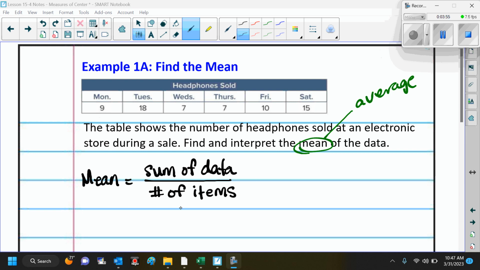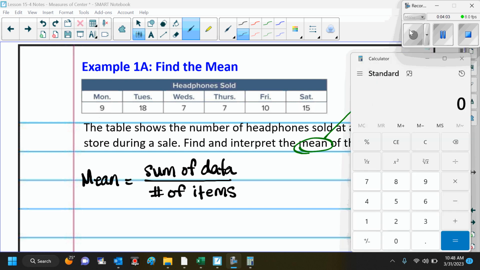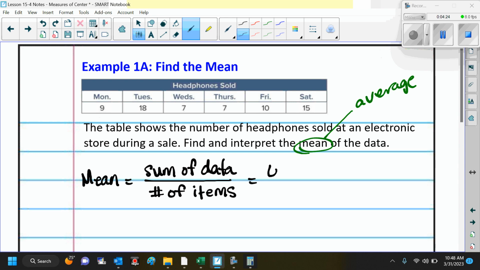So the first thing we want to do is add up all of this data. And yes, you are allowed to use your calculator. So we've got 9 plus 18 plus 2 7s, that's 14, plus 10 and 15, that's 25. So plus 25, and that gives us 66. So we write 66 divided by how many there are.